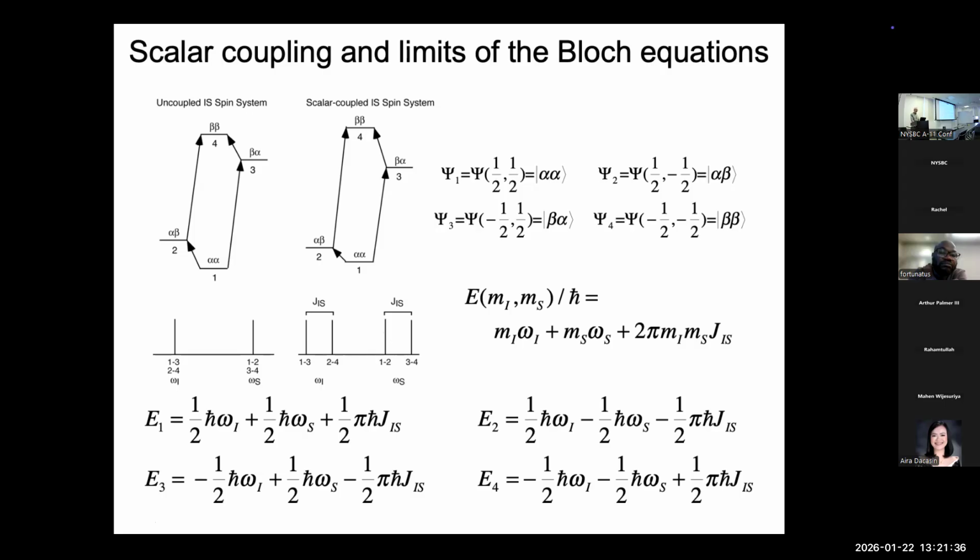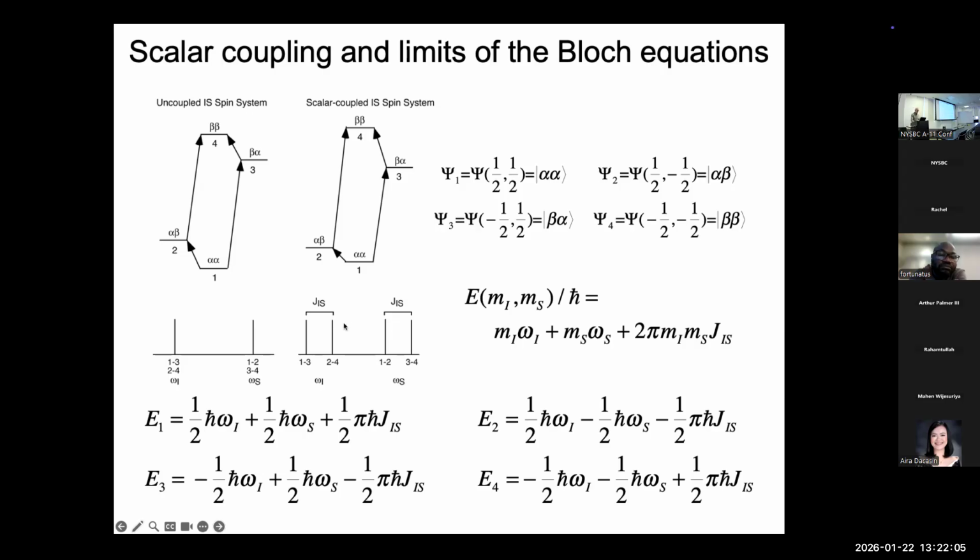So for the amide hydrogen and amide nitrogen, this is the hydrogen whose nitrogen partner is in the beta state. This is the hydrogen whose partner is in the alpha state. And the same thing here. This is the nitrogen whose attached hydrogen is in the beta state. And this is the alpha state.